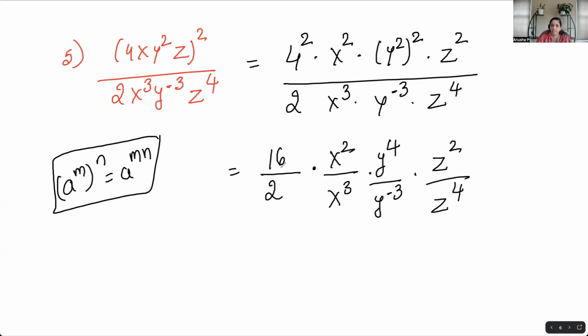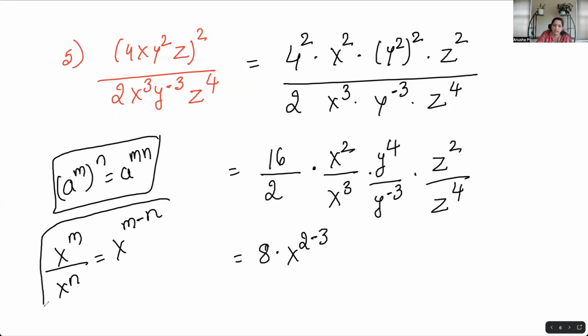Okay. We know 16 divided by 2 is 8. Now, to divide the exponents, what you will do? x to the power of m divided by x to the power of n is nothing but m minus n, right? So here, x to the power of 2 minus 3. Using this formula, here it is positive 3. When it goes to the top, it will become minus 3.